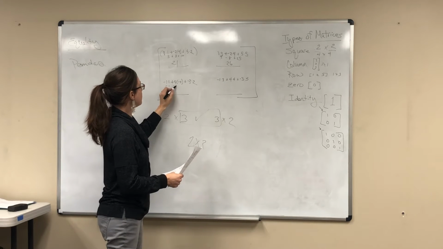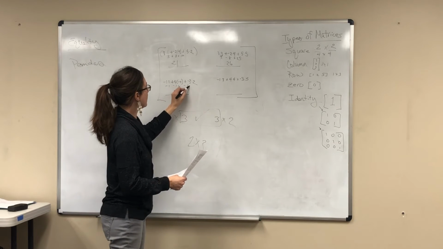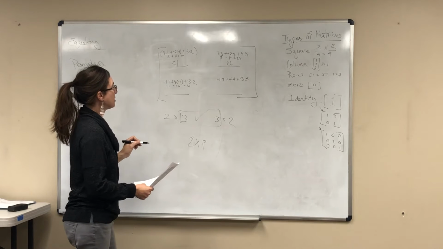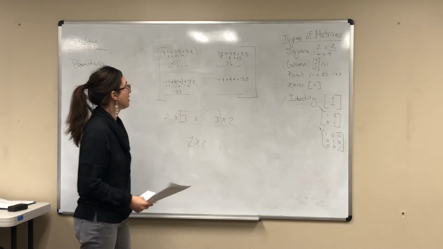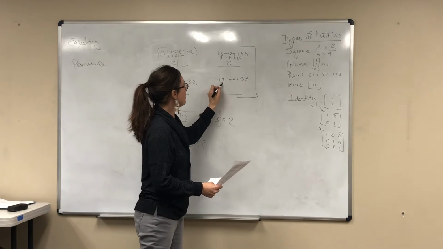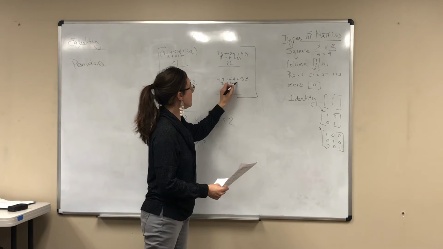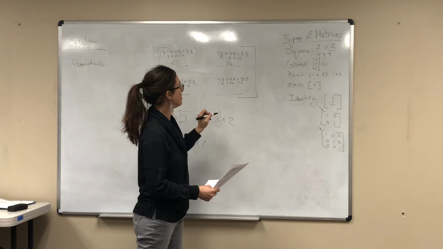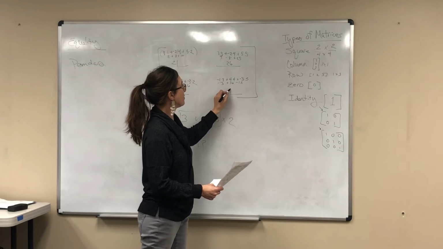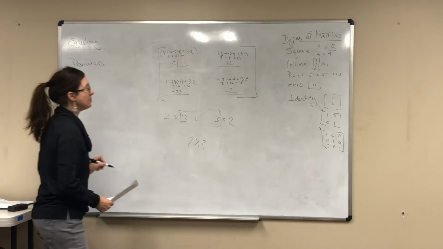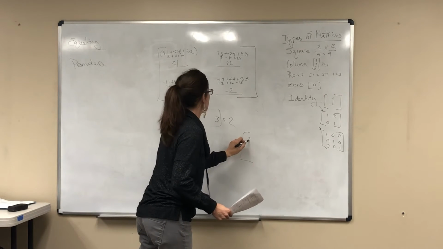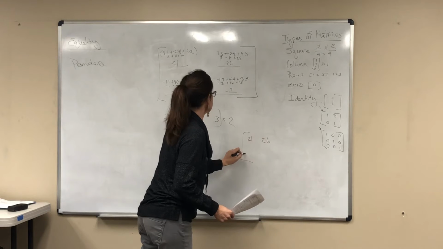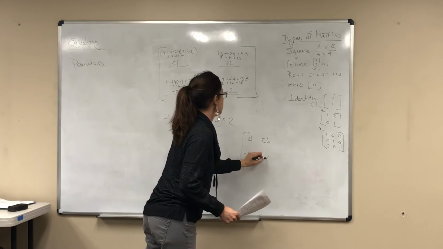Negative 1 minus 16 minus 6, that's negative 23. Negative 3 plus 16 minus 15, negative 2. Perfect. So your answer would be 21, 26, negative 23, negative 2.